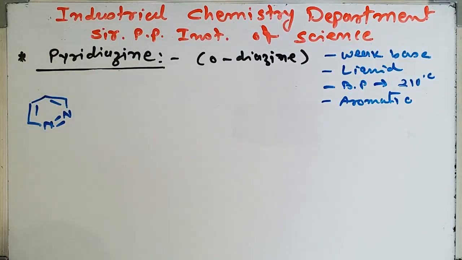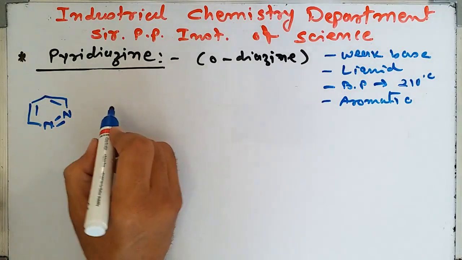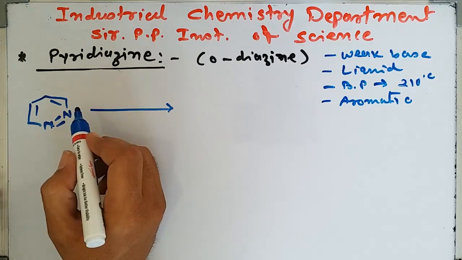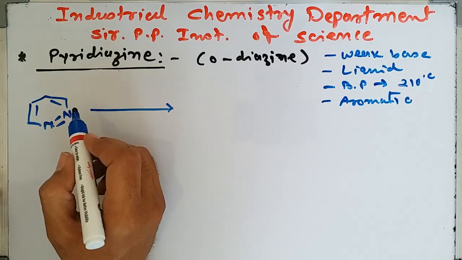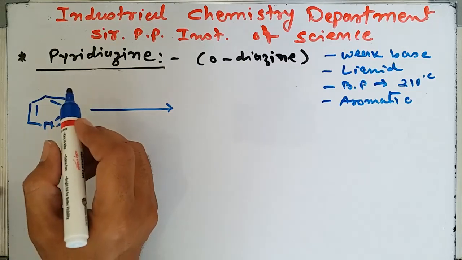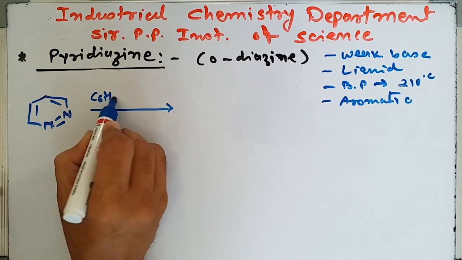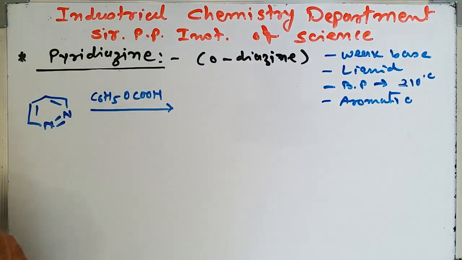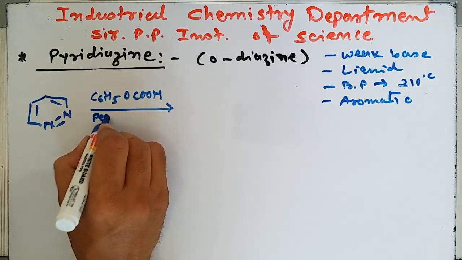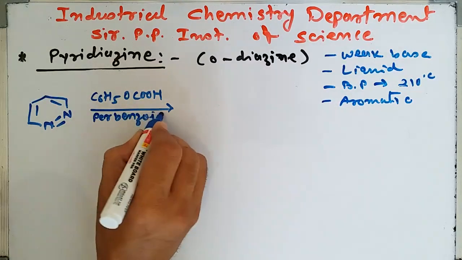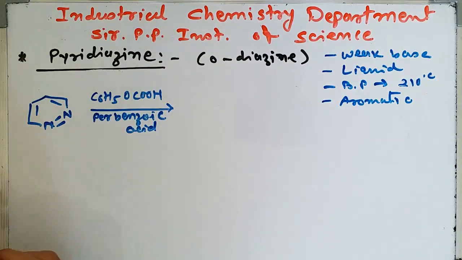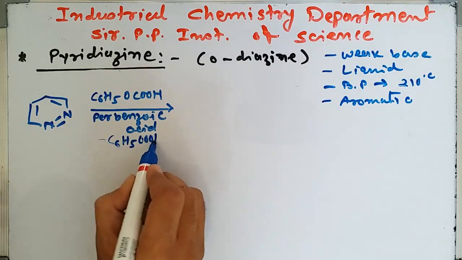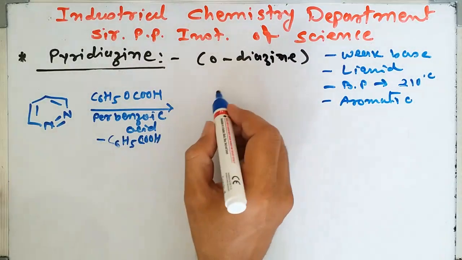With the help of perbenzoic acid, C6H5COOOH, pyridazine is converted into pyridazine 1-oxide with removal of benzoic acid.